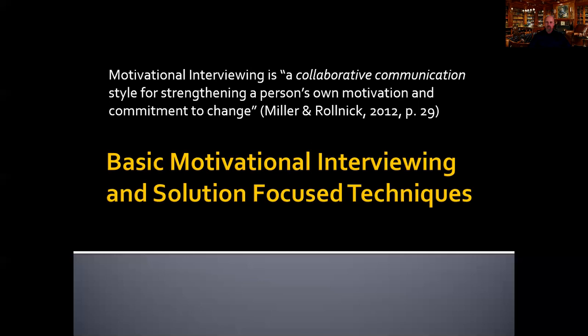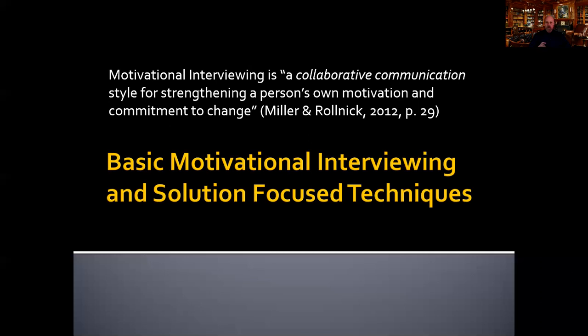So an interviewer typically asks questions. They explore with whoever it is that they're interviewing. They try and find out that person's viewpoint on something. And so in motivational interviewing, the techniques utilized are lots of questions, client-centered focus on what's going on with this person to attempt to increase motivation.